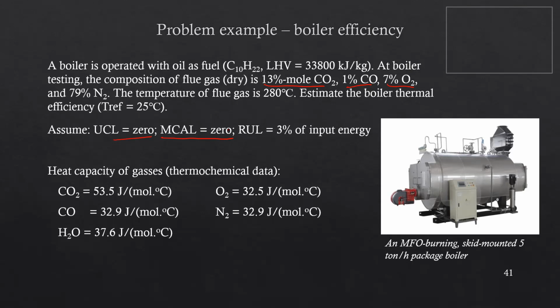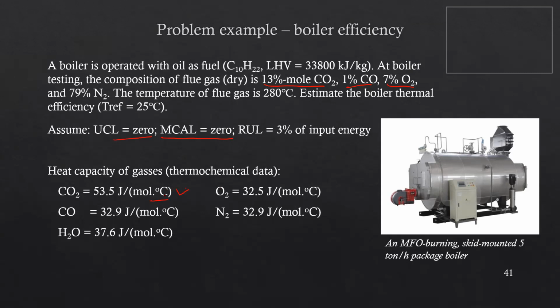Okay, so in this case, the heat capacities of the gases are already given. The heat capacity of carbon dioxide is 53.5 joule per mole degree C. We also have the heat capacities of CO, water, oxygen, and nitrogen.